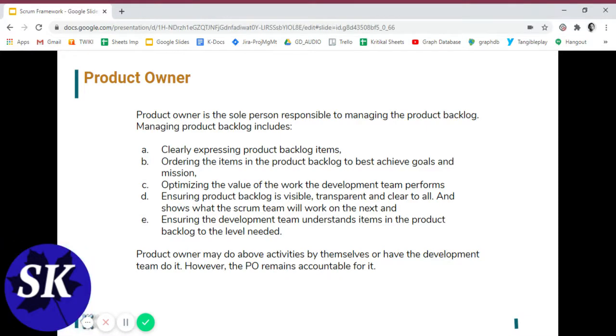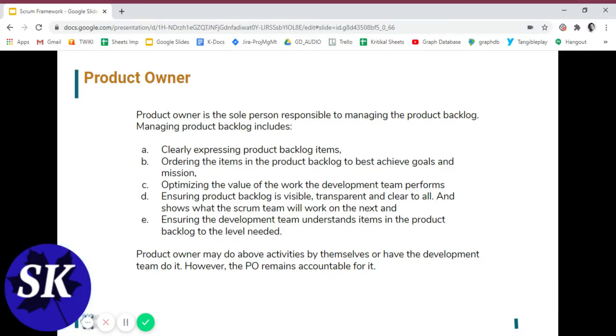The product owner is responsible for maximizing the value of the product resulting from the work of the development team. How this is done may vary widely across different Scrum teams and individuals. The product owner is solely responsible for managing the product backlog.